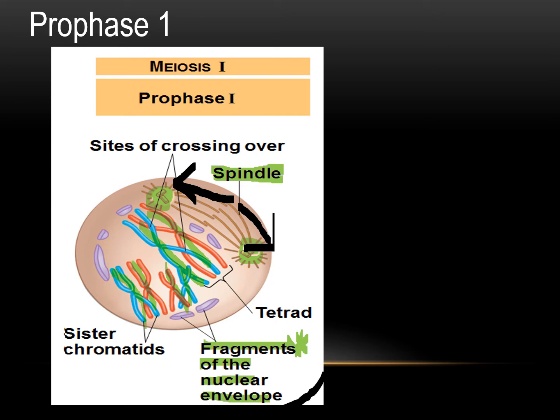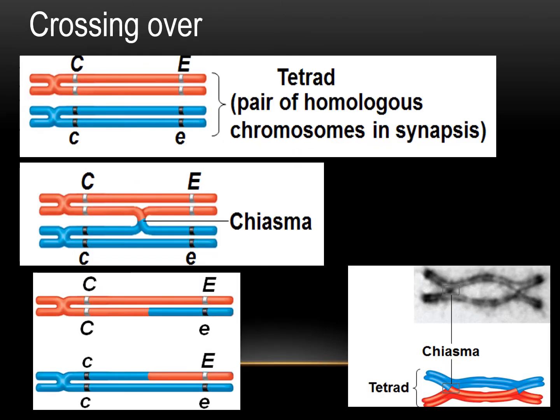We find also that at certain regions, your homologous chromosome pairs touch. And that comes to the process of crossing over, which takes place at a chiasma. So the region where they touch is called a chiasma, and the process of crossing over takes place. So we can see that at the chiasma, your 2 homologous chromosomes touch and they can exchange genetic material, and as a result of that, there is genetic variation.